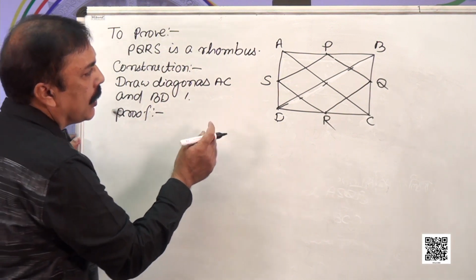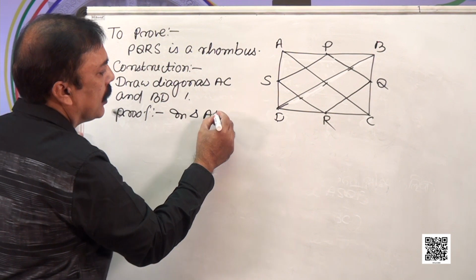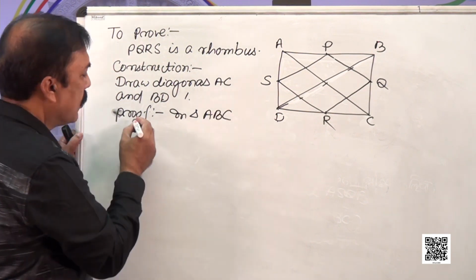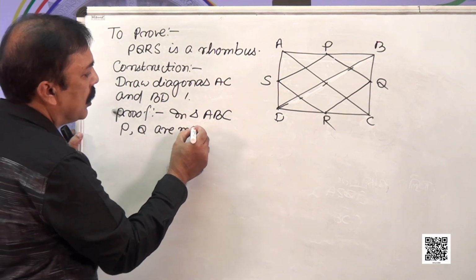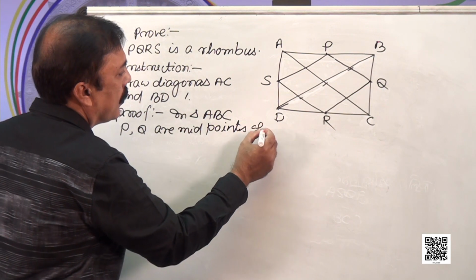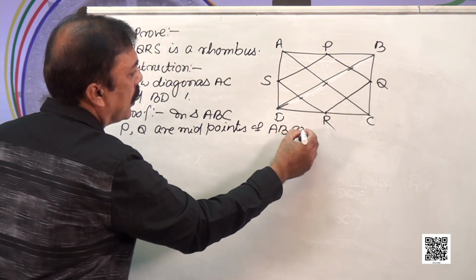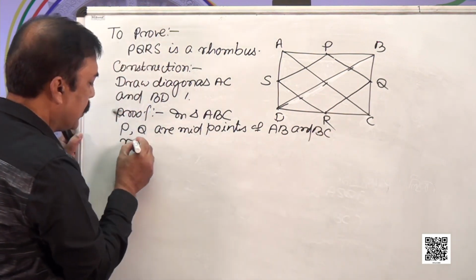Now see, in triangle ABC, P and Q are midpoints of AB and BC respectively.